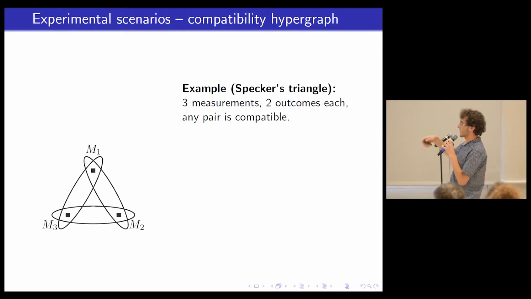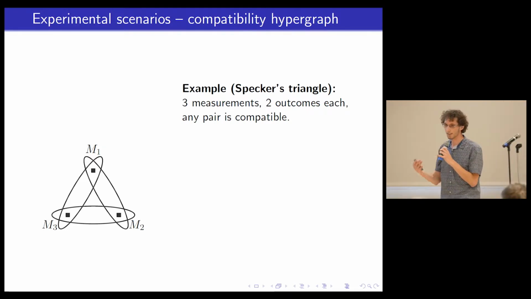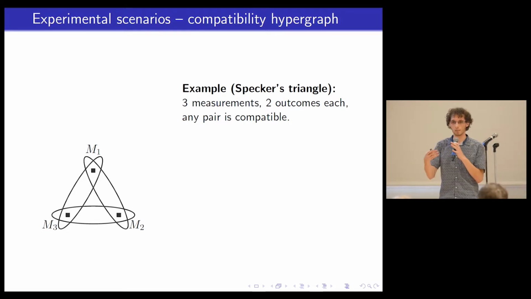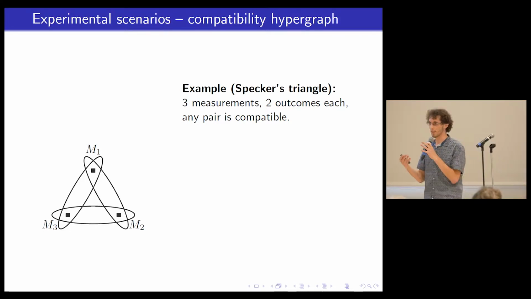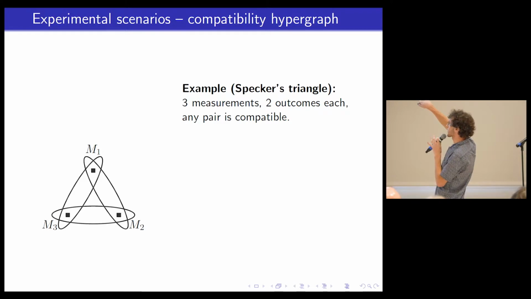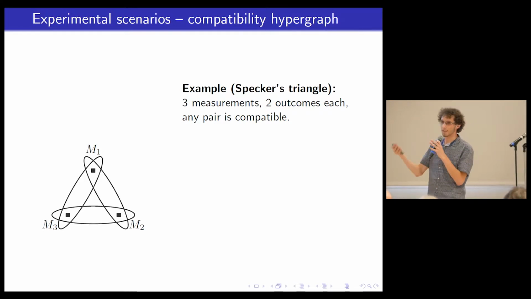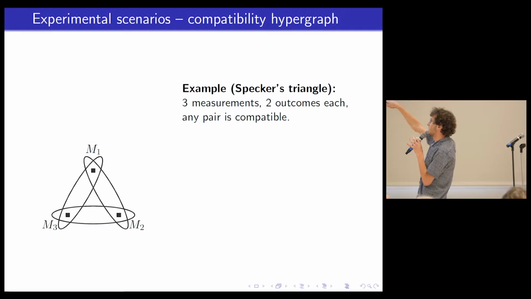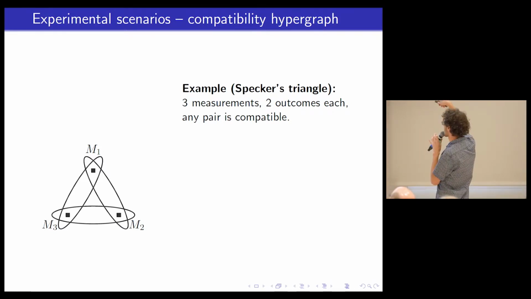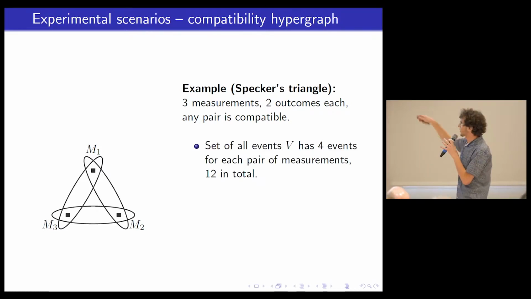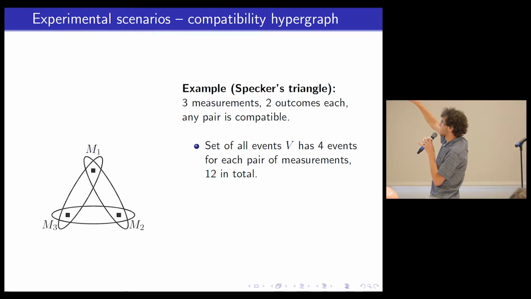And in order to connect it to the statistical description of the experimental scenario, we have to talk about the possible outcomes, the possible events that can occur when we perform these measurements. For each pair of these measurements, we can only measure 2 of them at a time, because only pairs are compatible. So for each pair, we have 4 events, as long as we assume that these are binary measurements.